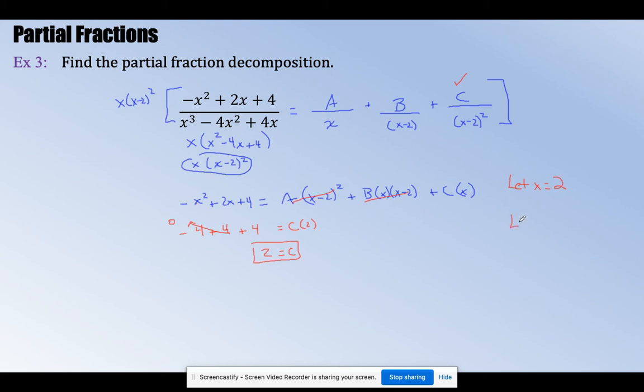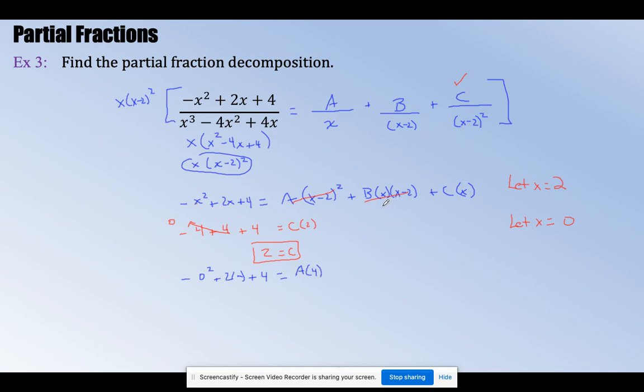Now what can I let x be equal to? Yeah, 0. Let's plug in 0. 0 squared plus 2 times 0 plus 4 is equal to, put a 0 in here, negative 2 squared, a times 4.